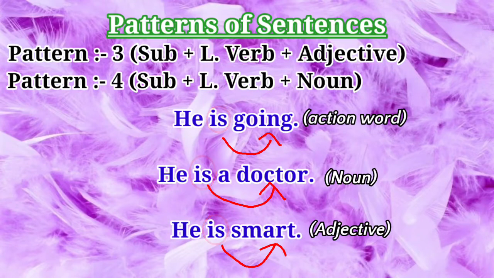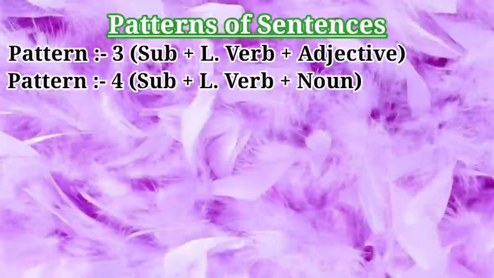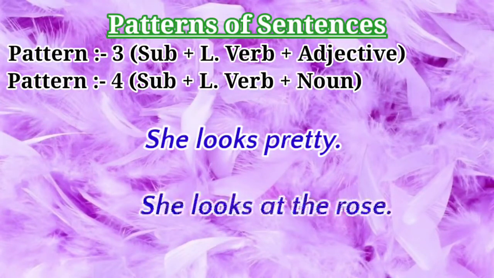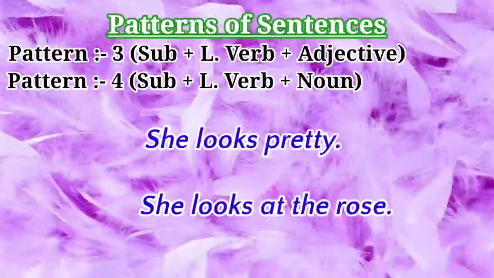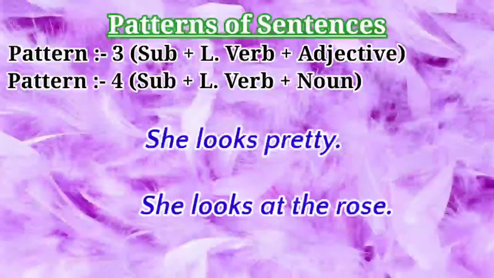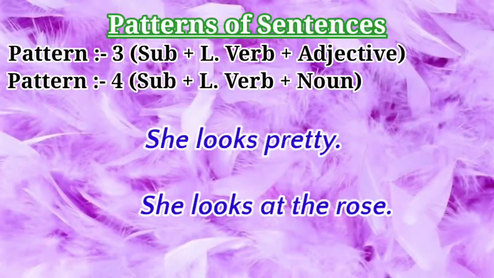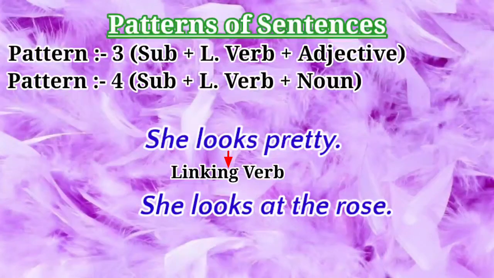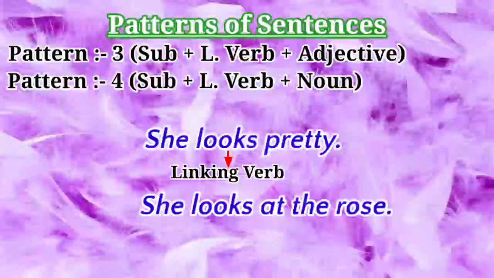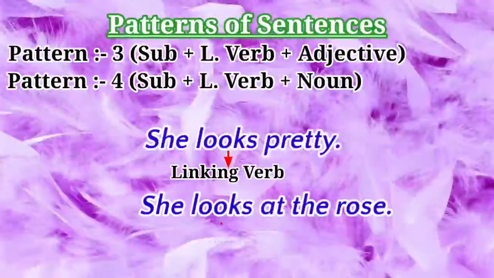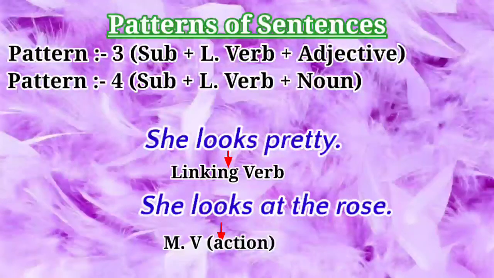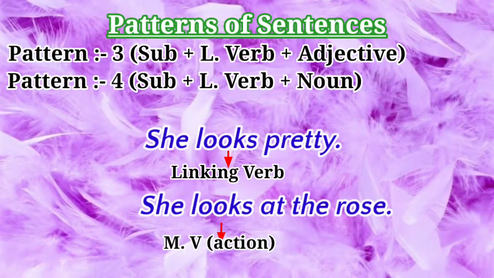Clear? Now let's take another example. This one is something different. She looks pretty. She looks at the rose. In the first sentence, looks is the linking verb, because after it there is an adjective, but in the second case, look indicates a main verb or an action.